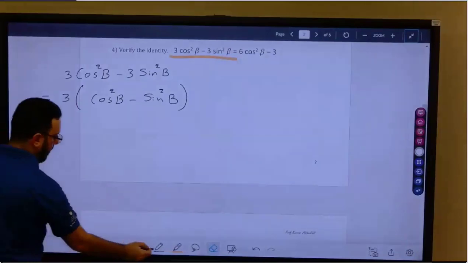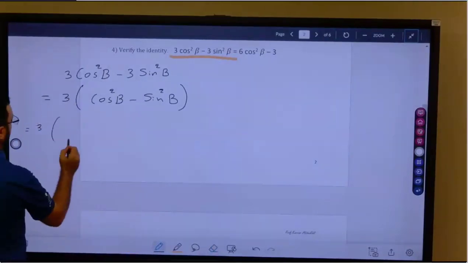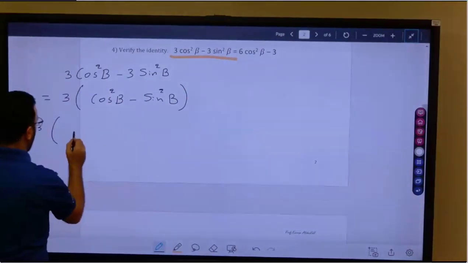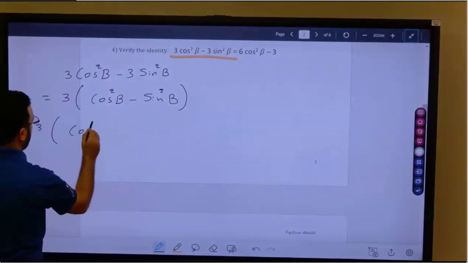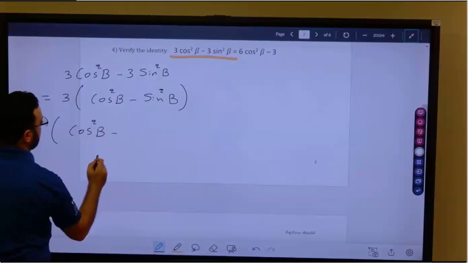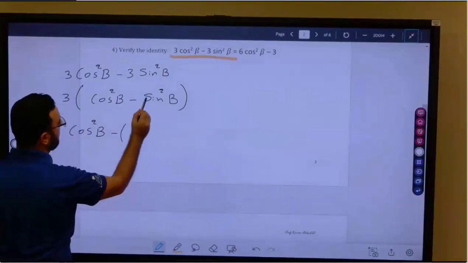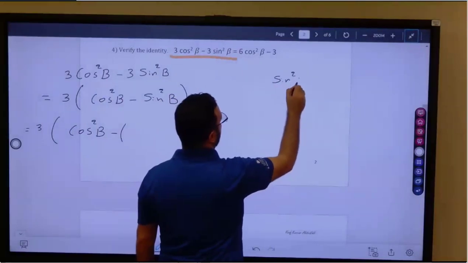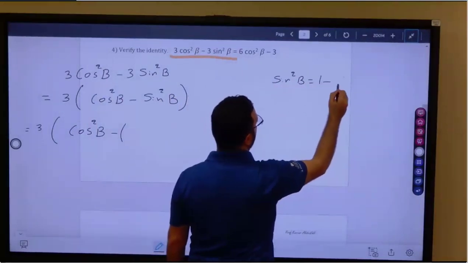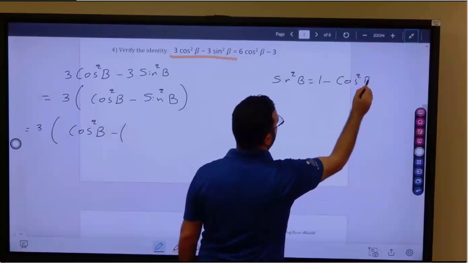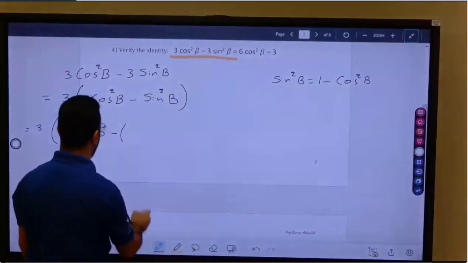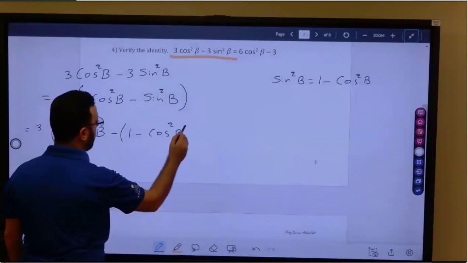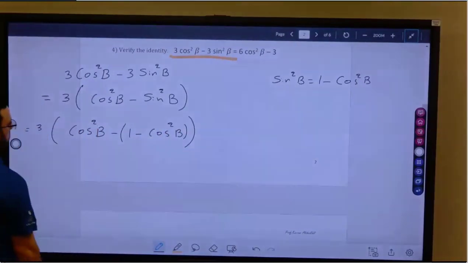So let's check here. Here is the 3. Open parentheses. The result should be with cosine, so I'm going to say cosine square beta minus, open another parentheses, sine square beta. Sine square beta is 1 minus cosine square beta. I'm plugging this one here: 1 minus cosine square beta, parentheses, plus 3.